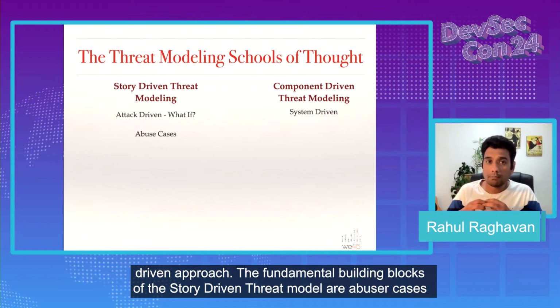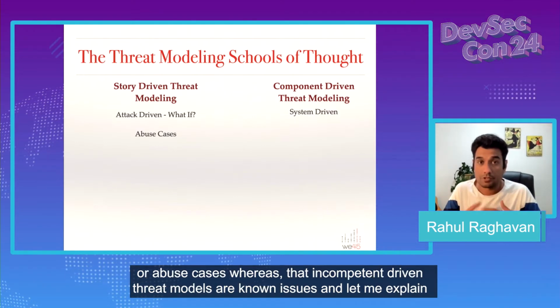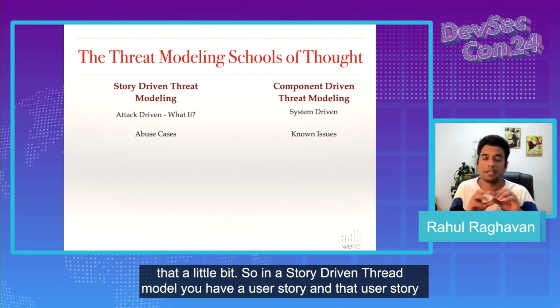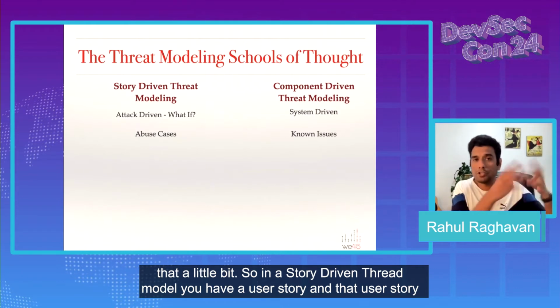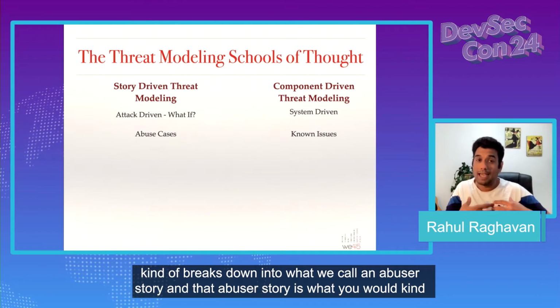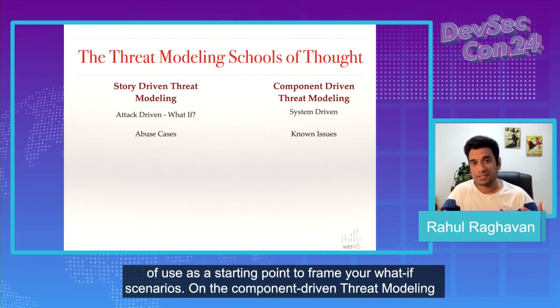The fundamental building blocks of the story-driven threat model are abuser cases or abuse cases, whereas in component-driven threat models they are known issues. Let me explain that a little bit. In a story-driven threat model, you have a user story, and that user story breaks down into what we call an abuser story. That abuser story is what you use as a starting point to frame your what-if scenarios.